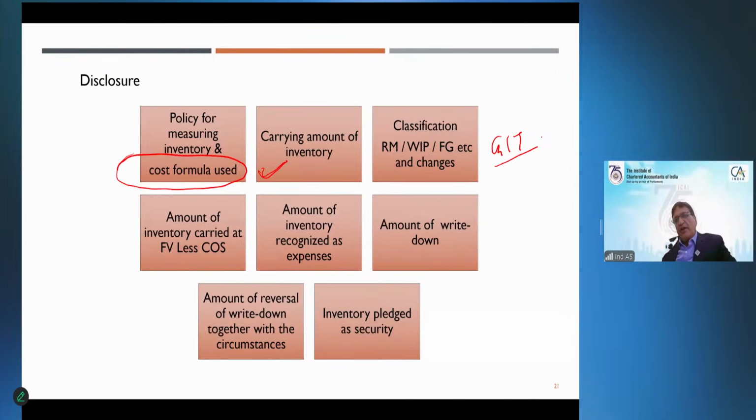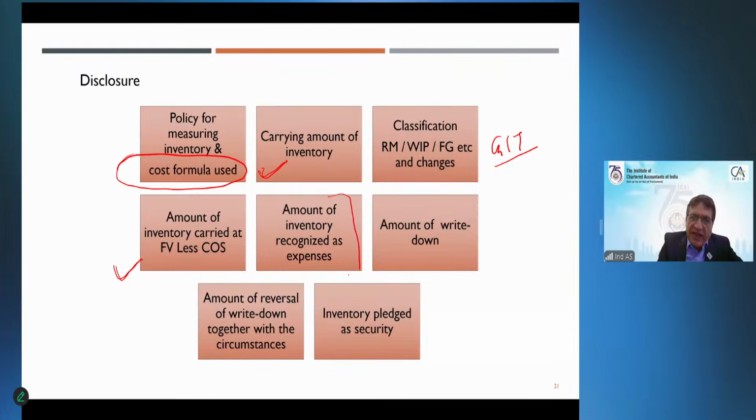If you are purchasing trading goods, or even finished goods, and there is GIT in it, it has to be separately disclosed. Then any amount of inventory valued at fair value less cost to sell: any company in the agriculture field will give what its basic inventory is and the amount being valued at fair value less cost to sell.